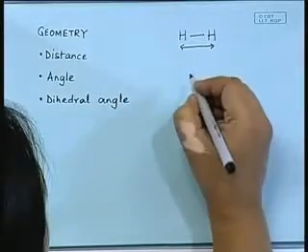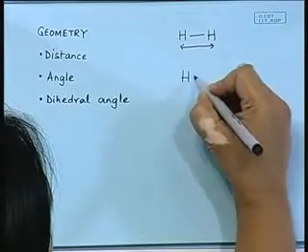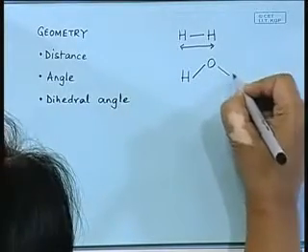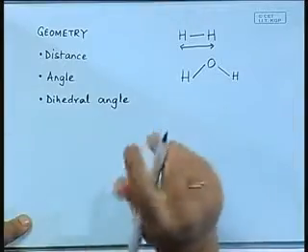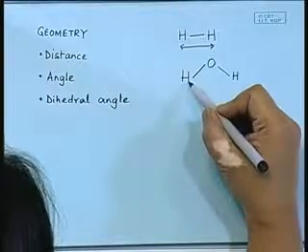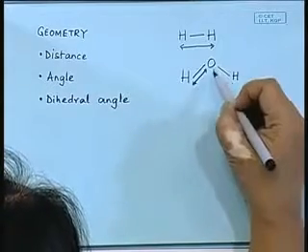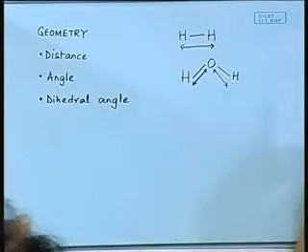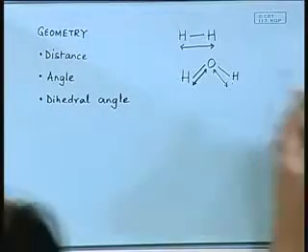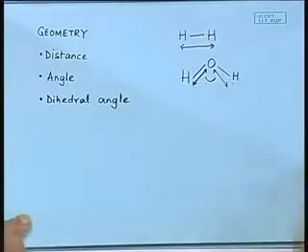If you were to go to water, where you would look at H, O, H, it is not sufficient if I give you distances. If I tell you this H is this distance away from the oxygen and this H is this distance away from the oxygen, that does not suffice, because I have to tell you what the angle between the HOH is if you have to get the correct geometry of the water molecule. Is that clear? Okay. So, when you have a diatomic molecule, the distance is fine.